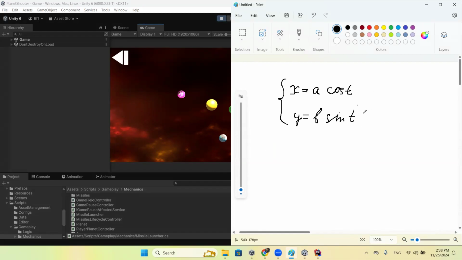So with this, a and b are semi-axes. So with this angle, we always can know the rotation, position on the ellipse. So t is from 0 to 2p. Of course, we can make it infinite, so any values, but nevertheless.